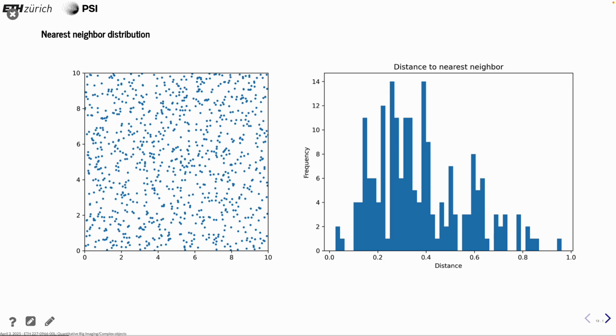And first of all, nearest neighbor distribution. The first thing we can do is to look at the distance to the nearest neighbor if we have the point cloud, and then we get a distribution like this. This was a Poisson point process, so actually you can even see the Poisson shape if you squint with the eye a bit.